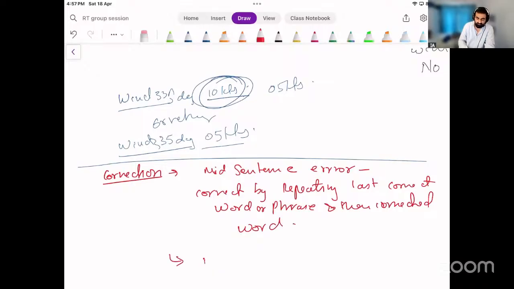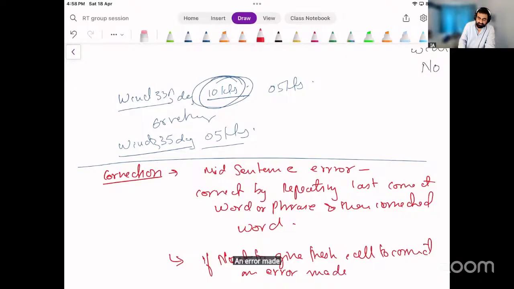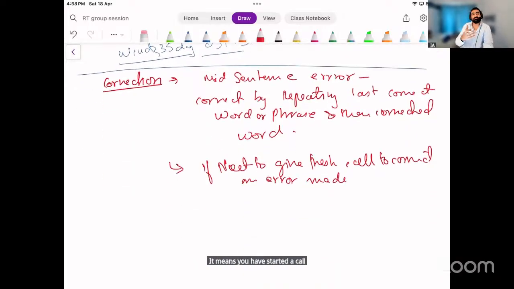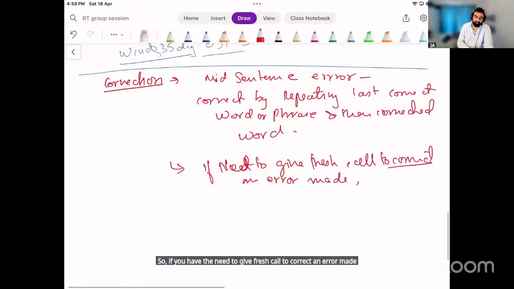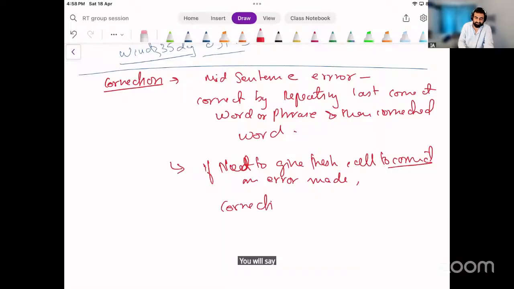And second, if you need to give a fresh call to correct an error made. It means you have started a call, but the call has a lot of wrong elements which cannot be fixed by saying correction. So if you need to give a fresh call to correct an error made, you will say correction, I say again, and start your fresh call.